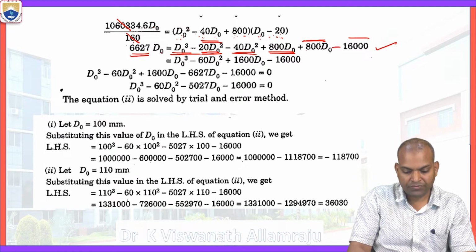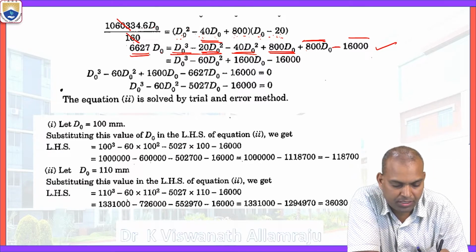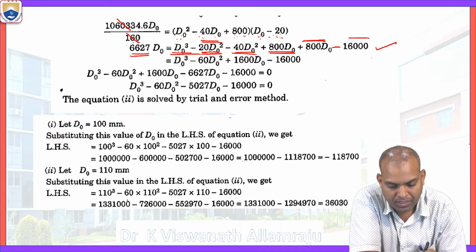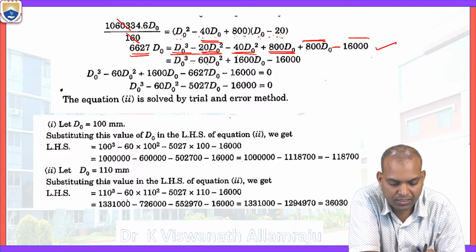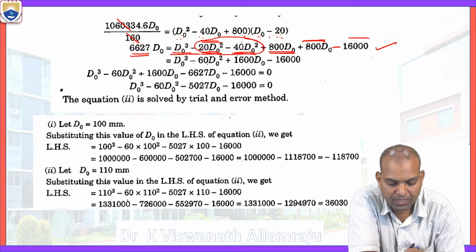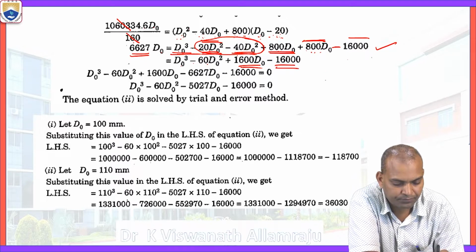Now simplify it further. 6627 do equal to do cube minus, here it is negative 20 do square and negative 40 do square, that is negative summation, that is negative of 60 do square, these two terms. Next, positive 800 times do, that is 1600 do, minus 16,000.